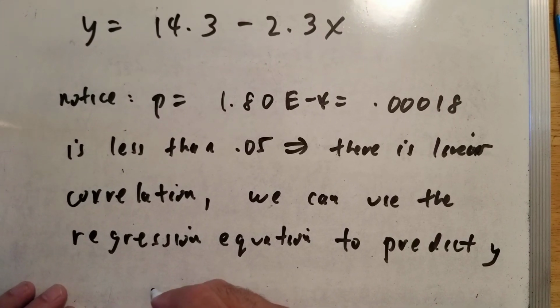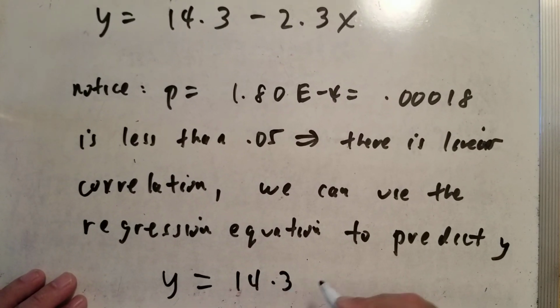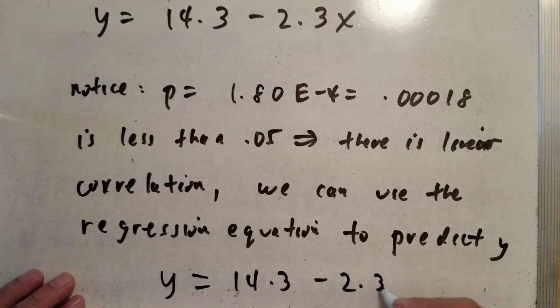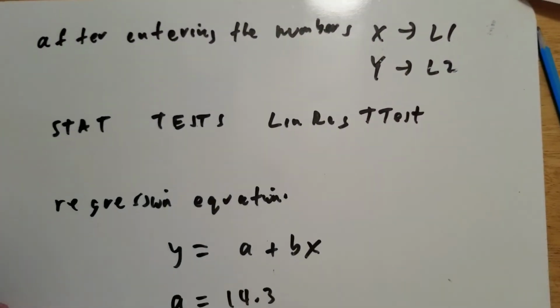So remember, we're using the equation y equals 14.3 minus 2.3x. And the question asked to predict y when x equals 6.